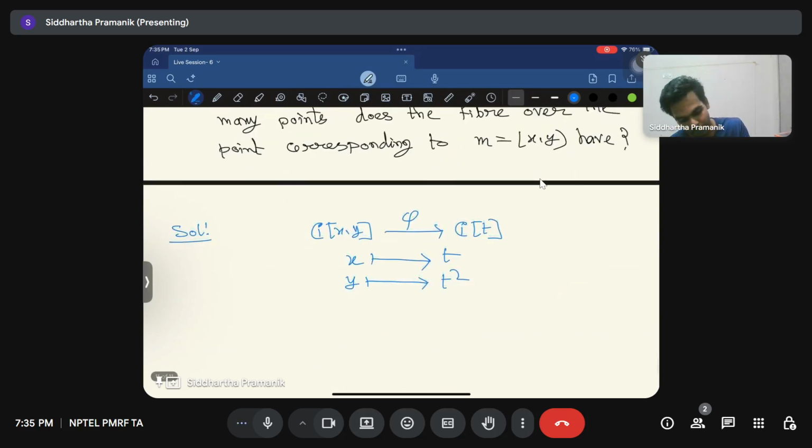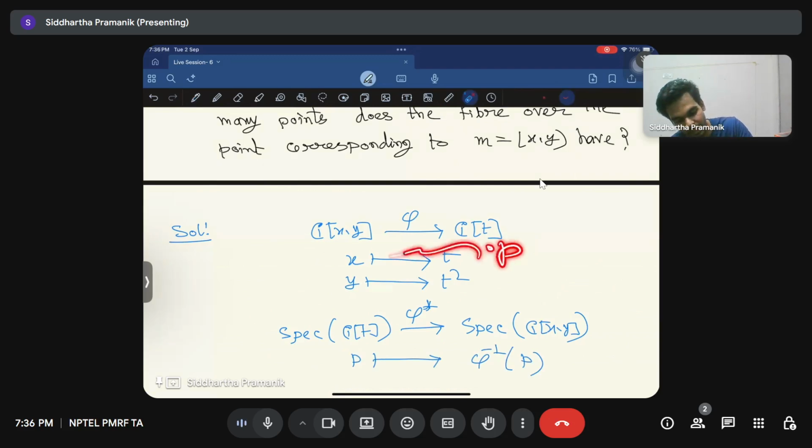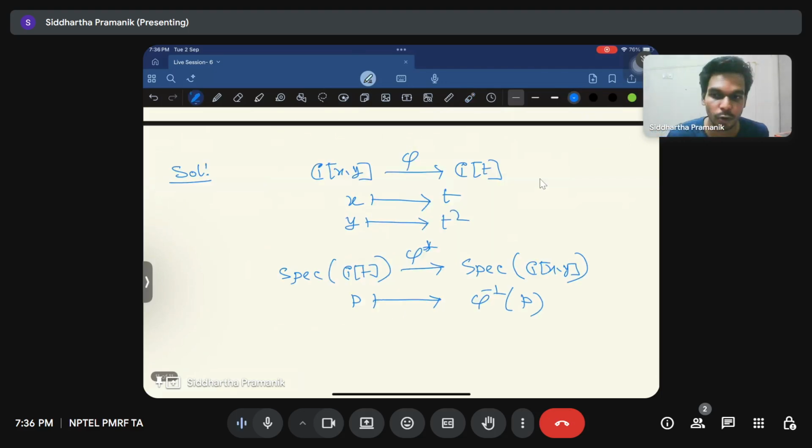Now this ring map will induce a continuous map from Spec C[t] to Spec C[x, y], which we usually denote by phi star. And how it is defined: if you take a prime ideal P, then it maps to the inverse image of P. So this is a continuous map with respect to the Zariski topologies.